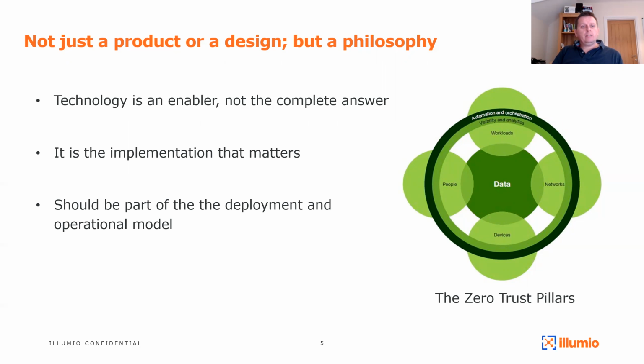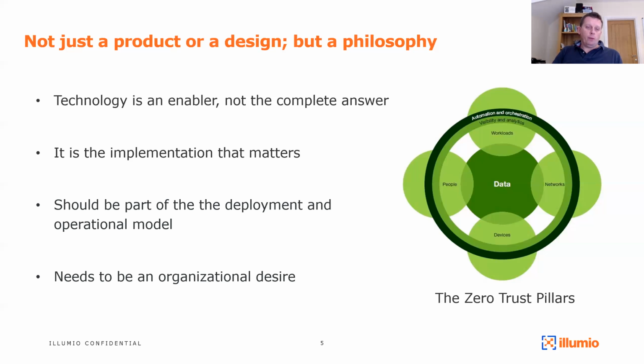Ultimately, zero trust needs to be woven into the fabric of the deployment and operational model in the organization. What that really summarizes down to is that in order to be successful with zero trust, there needs to be a genuine organizational desire. That's a key learning we have with these projects: with all the will in the world, this can't be driven by the security team alone.